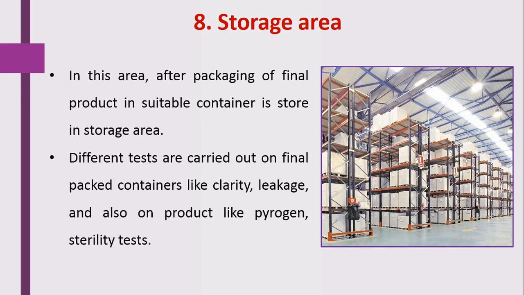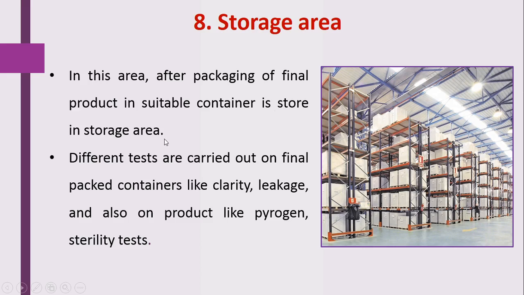Next one. Here we'll see the storage area. You can see in this picture the finished product stored with labels. In this area, after packaging, the final product in a suitable container is stored.